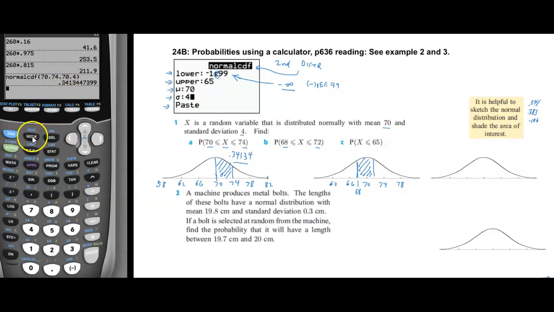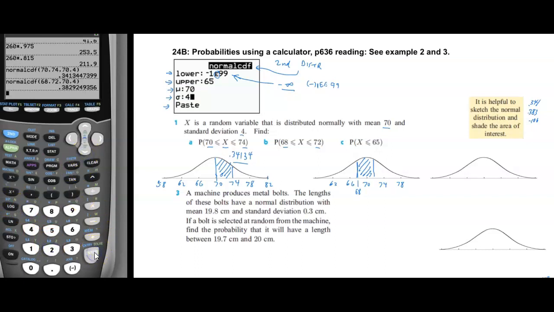There's no other way to do it. Second distribution, norm CDF, and we're going to put in 68 and 72. And then 70 and 4 are already typed in, and we just hit enter twice. 0.38292.